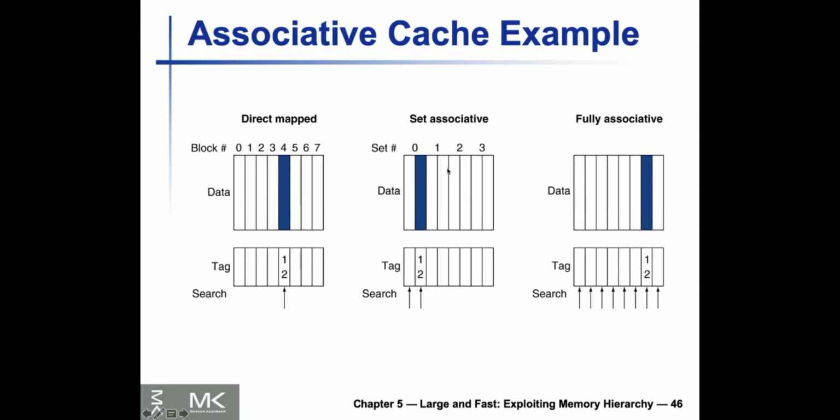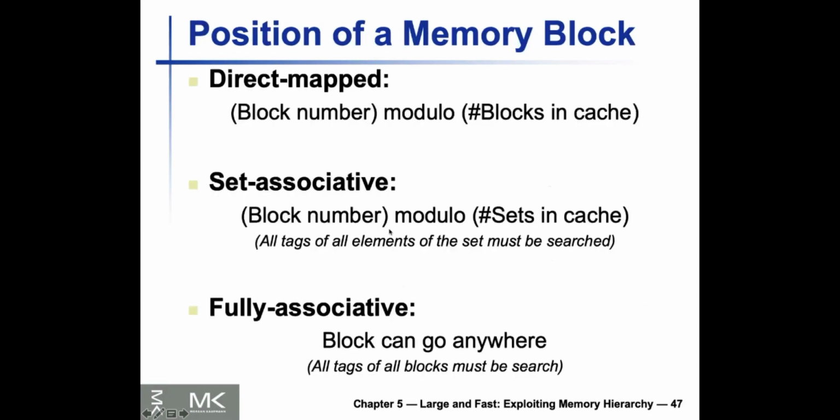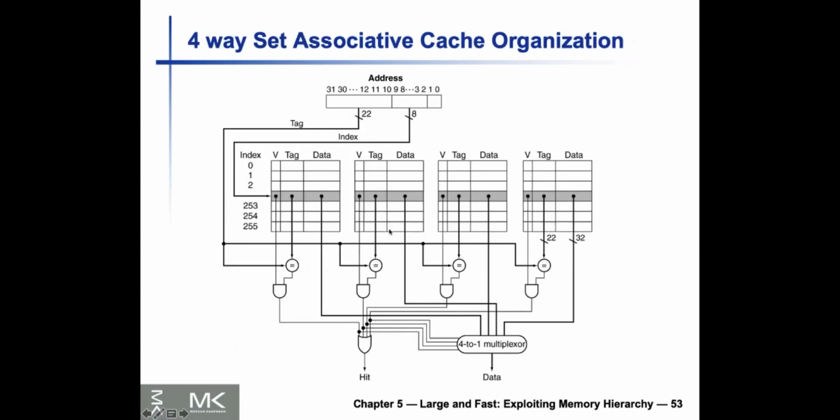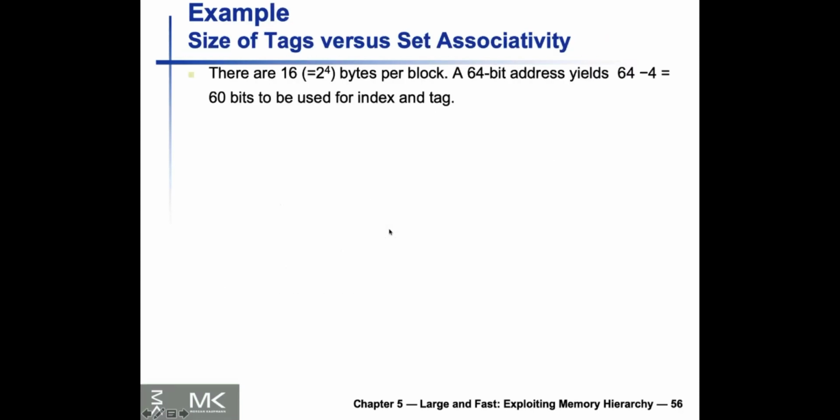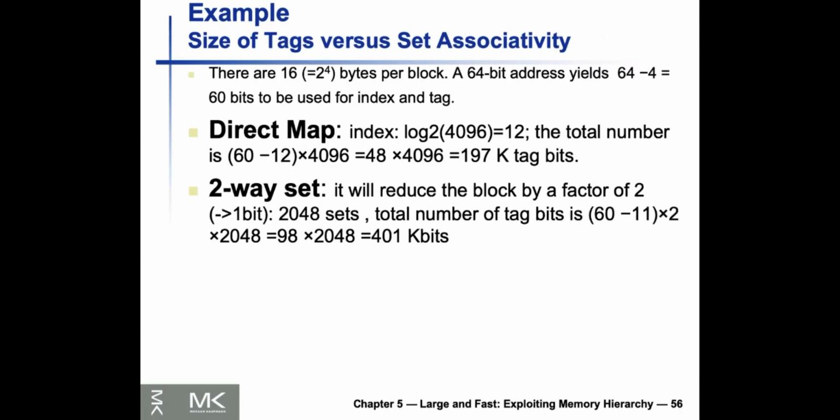So in order to address these changes, we have to take one more bit to address the sets, okay? It will reduce what we found in the direct map by a factor of 2, so we will take one more bit from it.